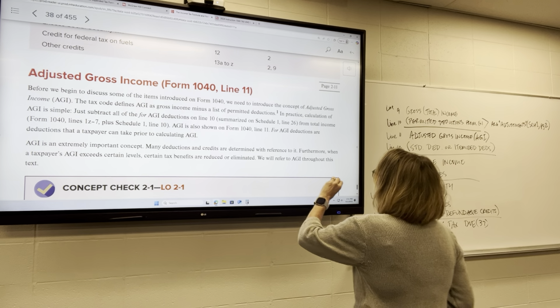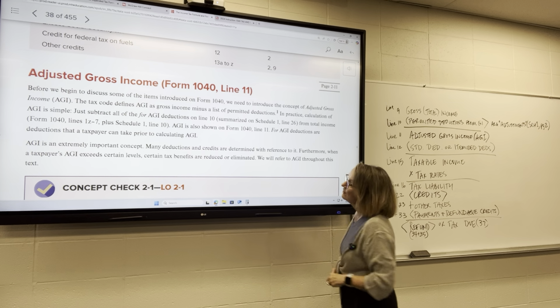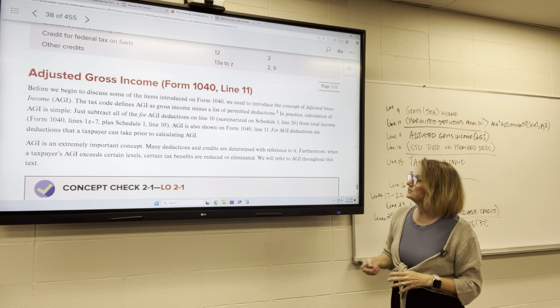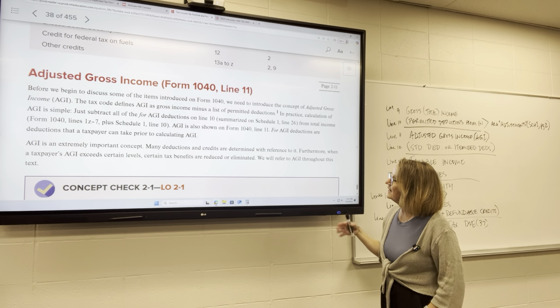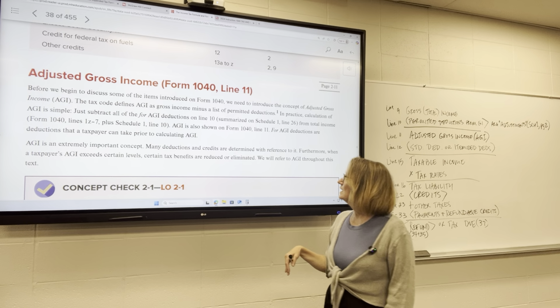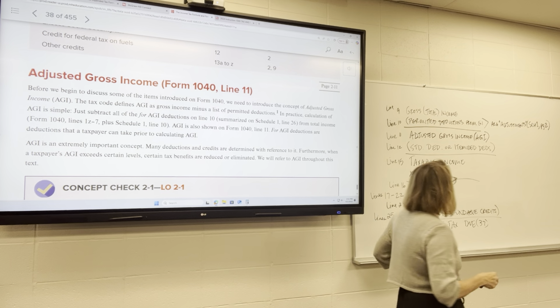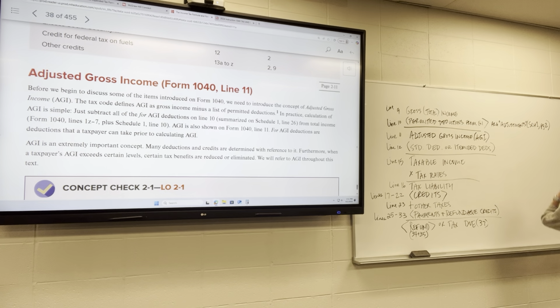So the calculation of AGI, as it says here, it's simple. Subtract all of the for AGI deductions from our total income. So what we have are 2 different types. These are adjustments. We also call this for AGI.